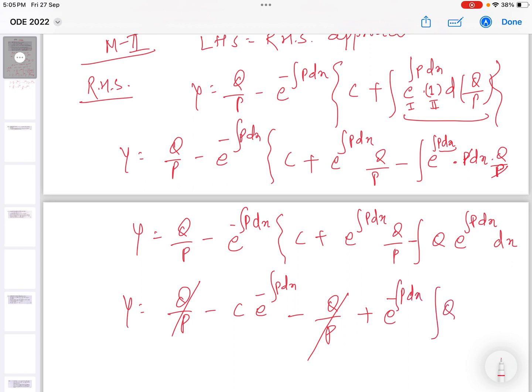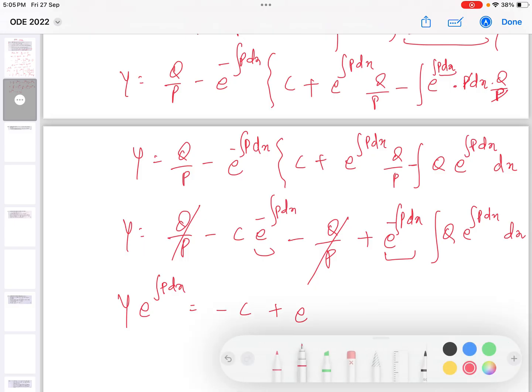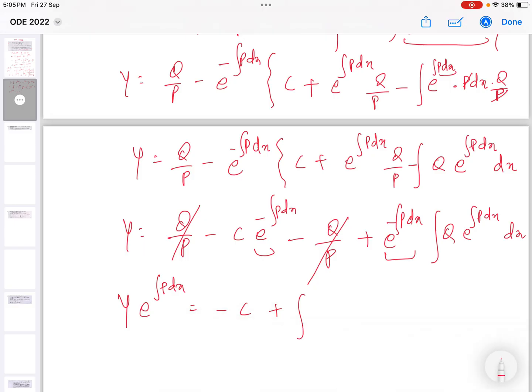Fine. I think we are getting the term that we need. So this term is common between both of them. E power, so bringing that to the LHS, p dx, minus c, e raised to the power, q e raised to the power p dx.